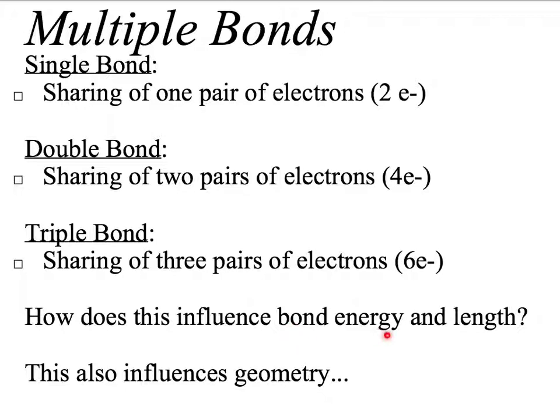The bond energy, the bond dissociation energy, increases as we go from a single to a double to a triple. So a triple bond has the highest bond dissociation energy, and a triple bond also has the shortest length. We'll talk a little bit more about what that means and why that happens as we look at the exact sigma and pi bonds that constitute these coming up.